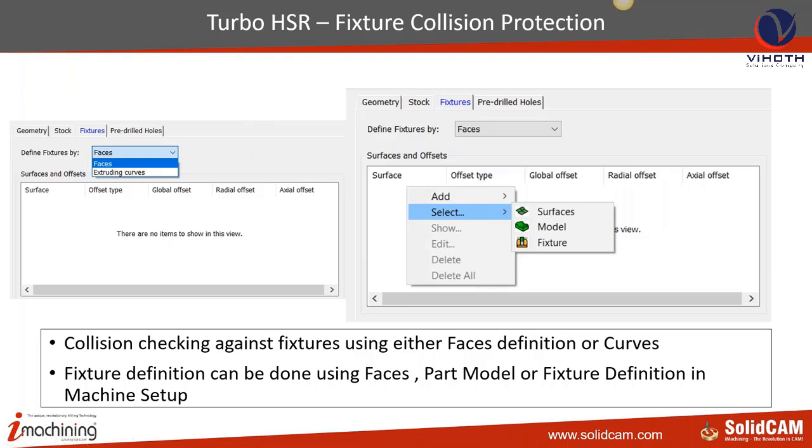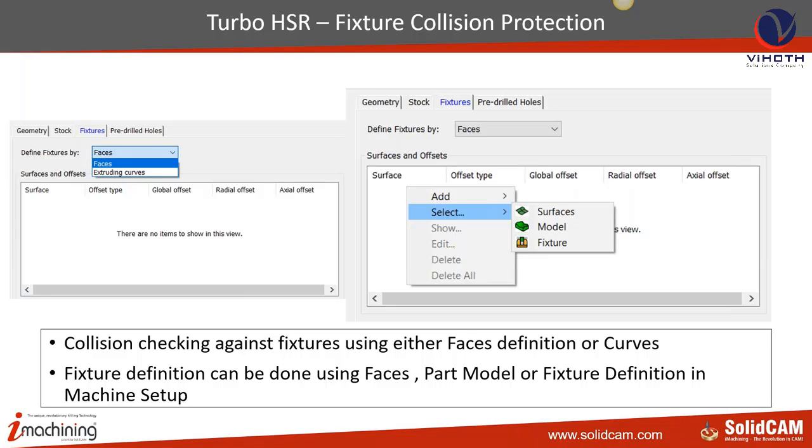Fixture collision. You can now provide fixtures as surfaces, or it could be a complete model, or it could be just curves. You need not have the entire fixture model sitting on your part. You can just say this sketch is my fixture. It will understand that that particular area need not be machined.